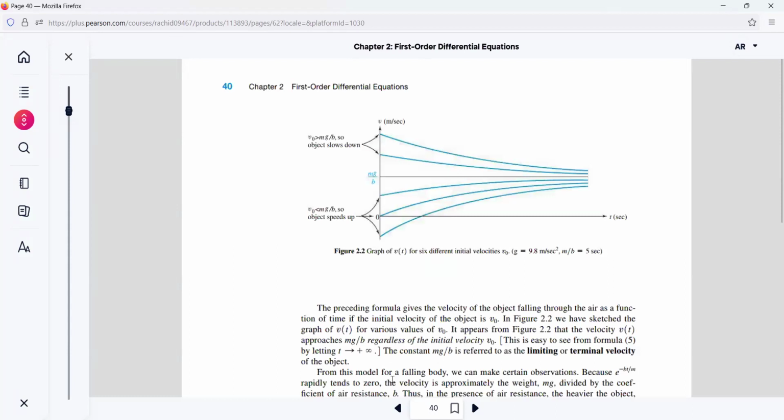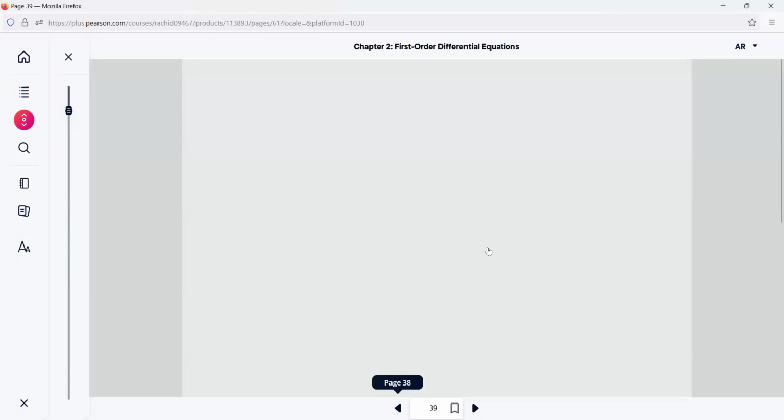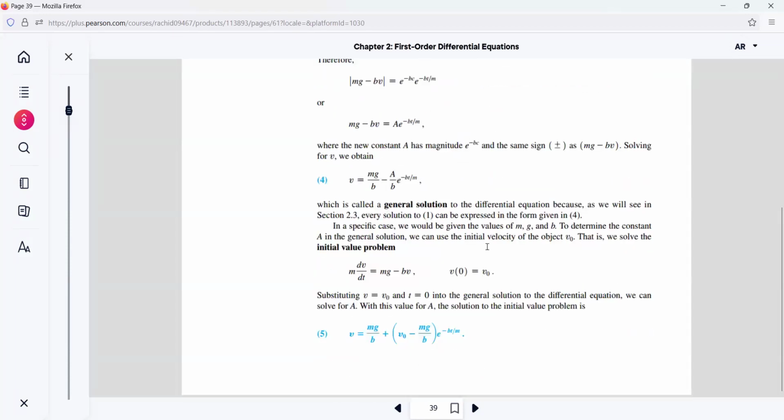Here we go. So what you should look at here, maybe a little bit hard to see, is this solution to this IVP, and try to understand it using the previous math.